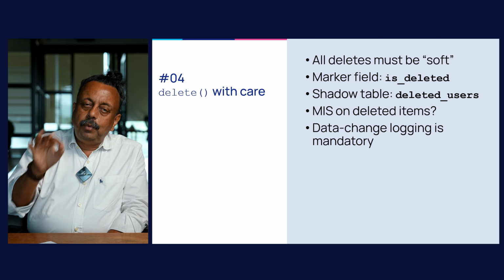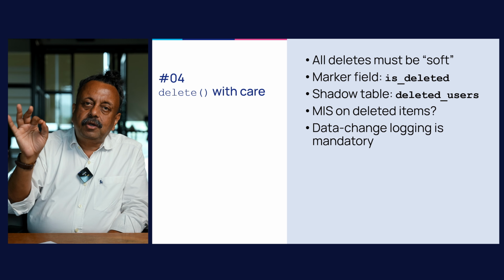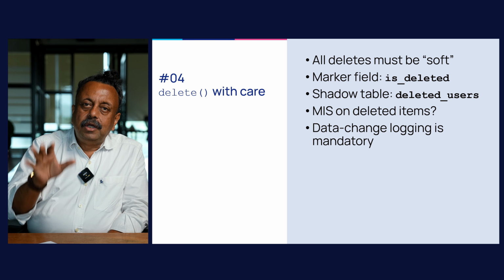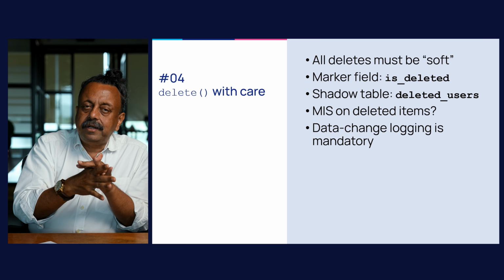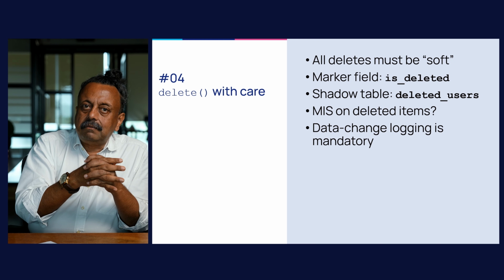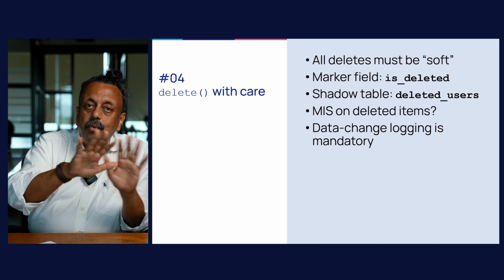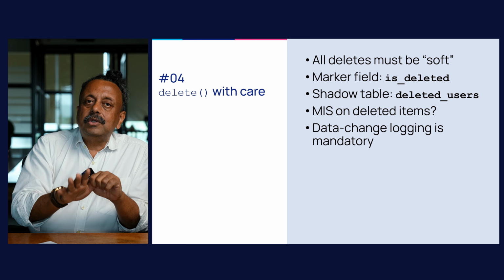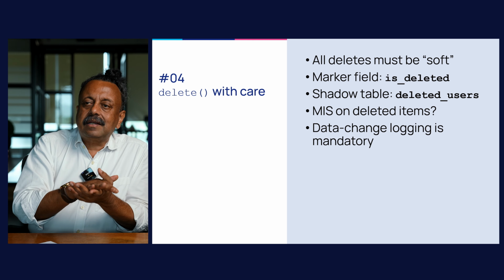What we do is we always implement deletes using what is called the soft delete method, where we set a particular Boolean flag against the record. So there is an is deleted column, and that column type is Boolean, and the is deleted value is set to true.